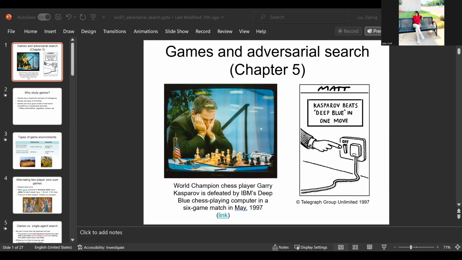There are many possibilities, and for each possibility the terminal state has some utility, which is given here.